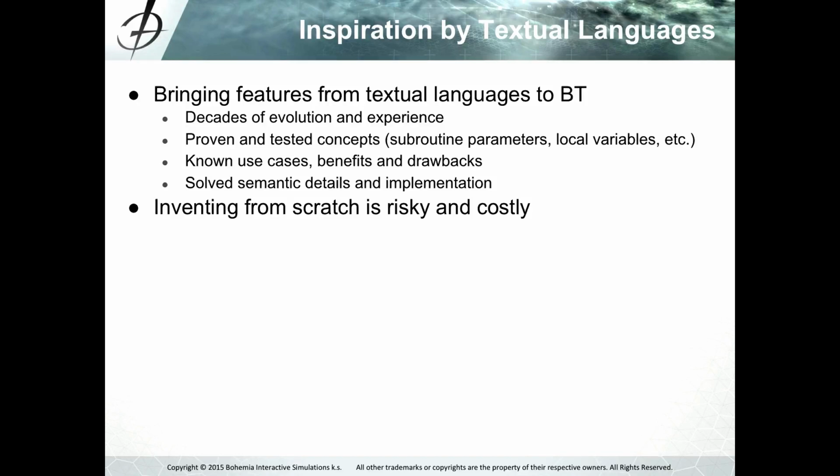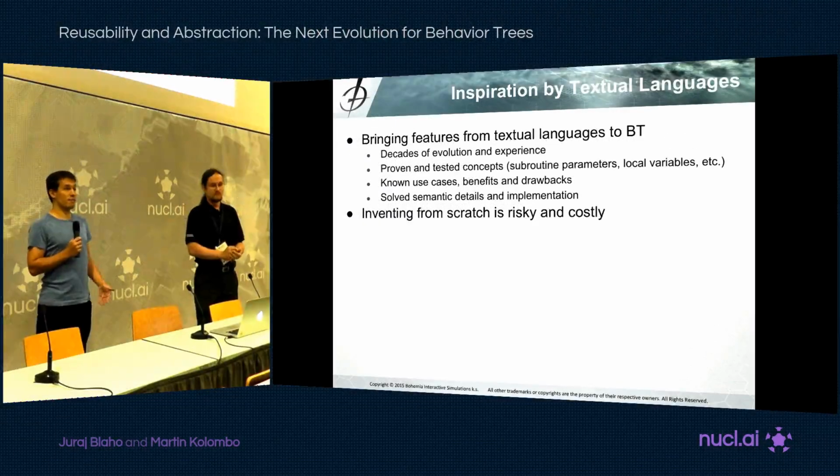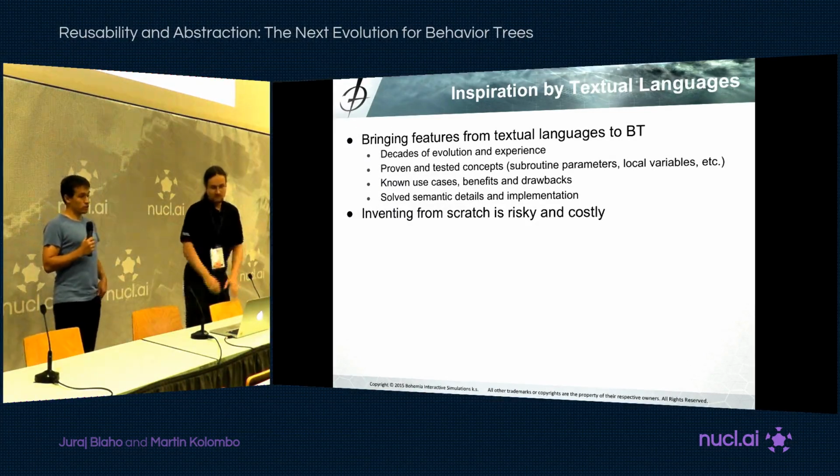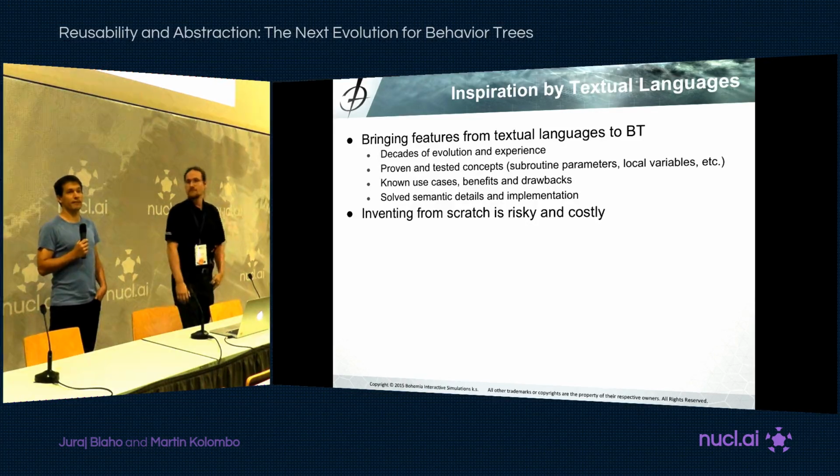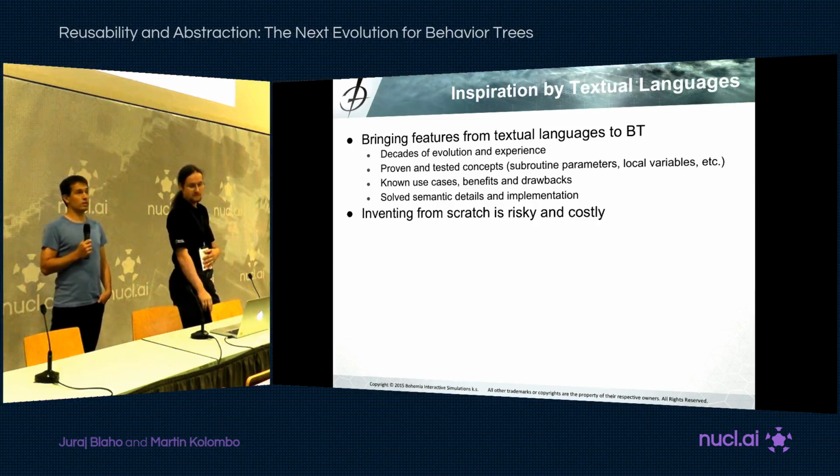By taking a full feature from a programming language, we already know the use cases for the feature, the implementation details, and the semantics; everything is solved for us for free, and it just works. Another benefit is that designers or users are familiar with those features and can use them right away. Inventing features from scratch would be just too risky and costly.